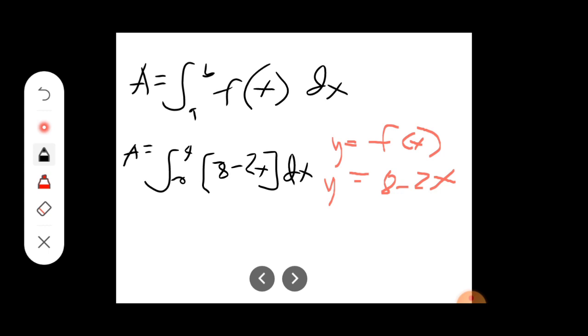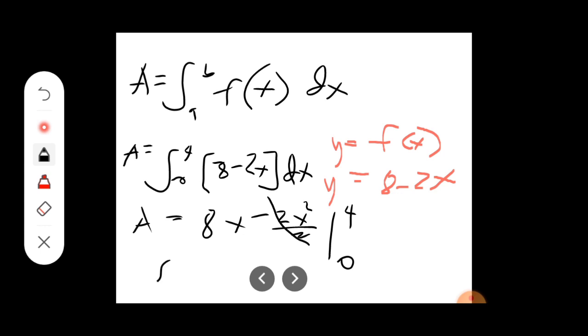The antiderivative of 8 is 8x, and the antiderivative of 2x to the first power is 2x squared over 2. So we have 8x minus 2x squared over 2, evaluated from 0 to 4. We can cross out the 2, so it's just 8x minus x squared.